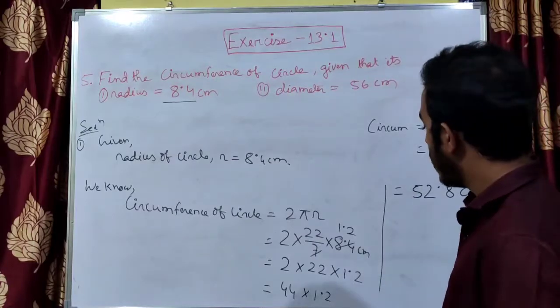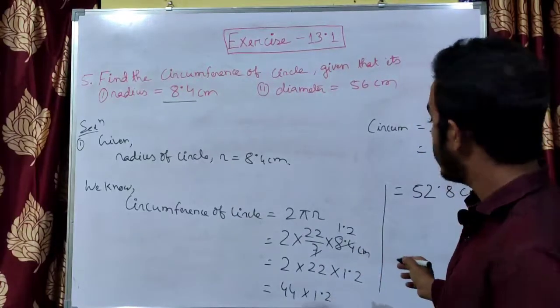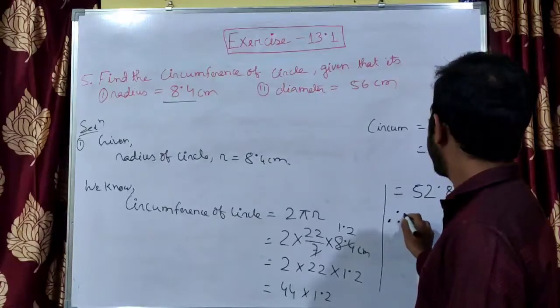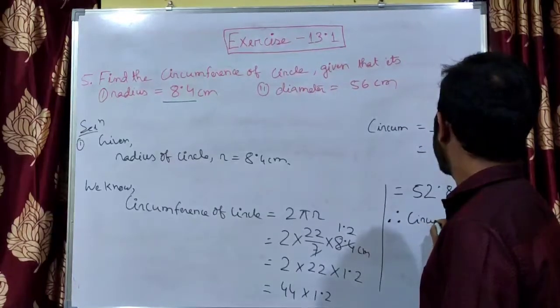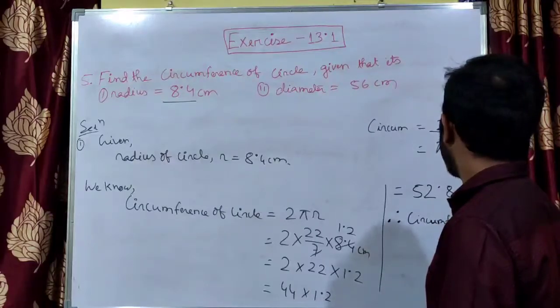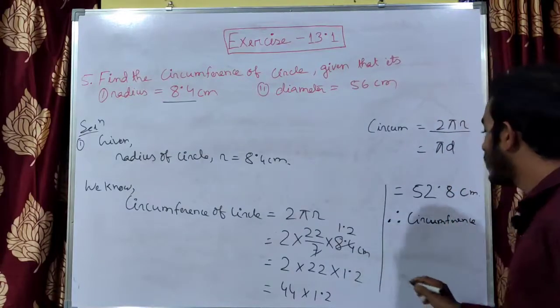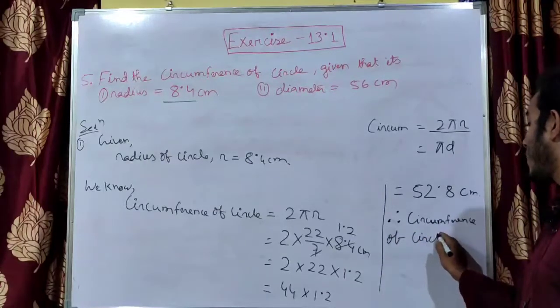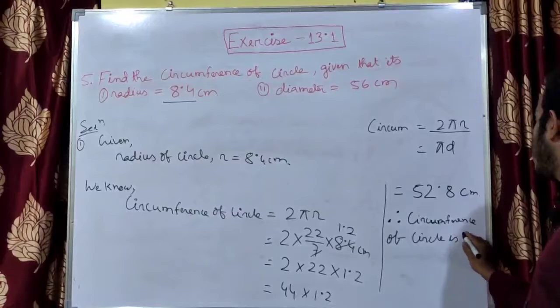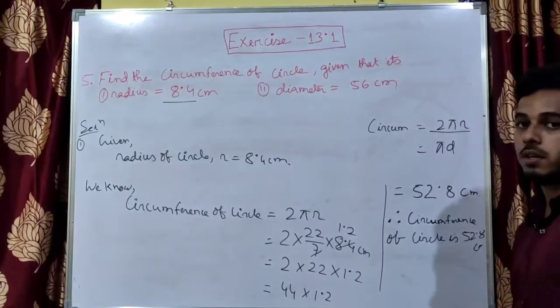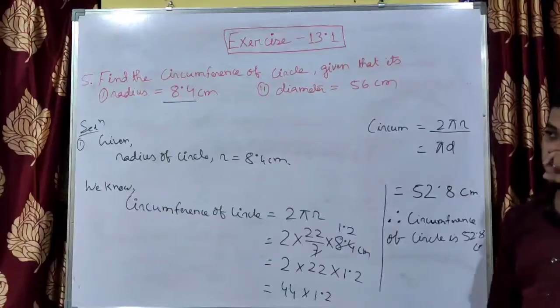Therefore, after this, we will write: therefore circumference of circle is 52.8 centimeter, right?